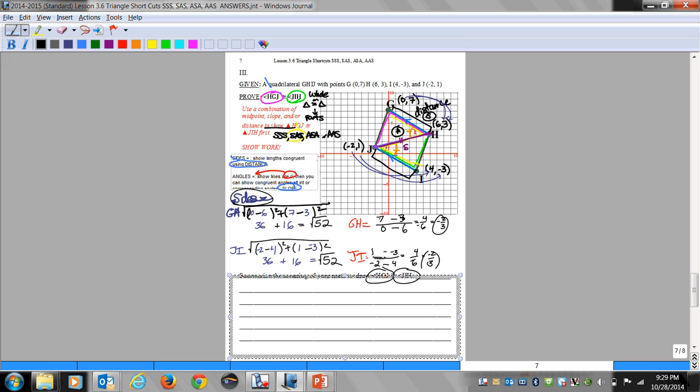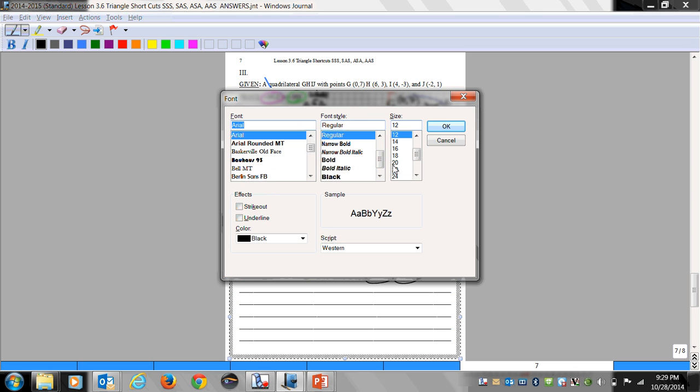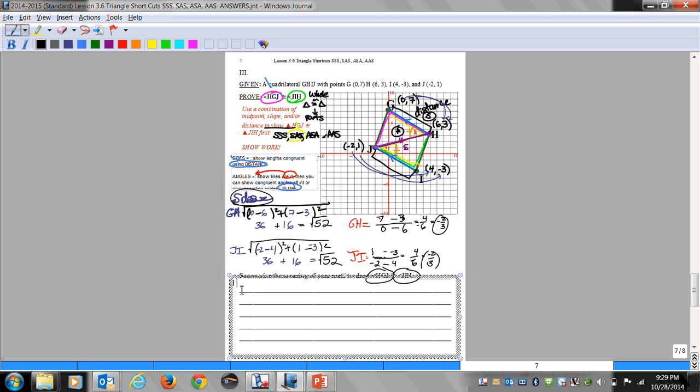So I know that G is at (0, 7), H is at (6, 3), I is at (4, -3), and J is at (-2, 1).